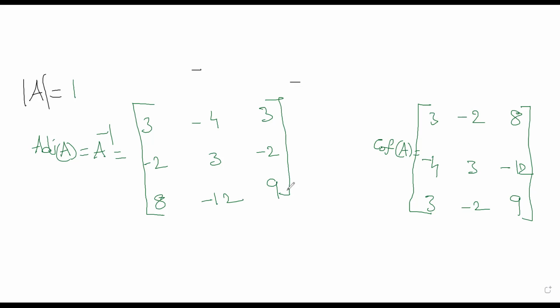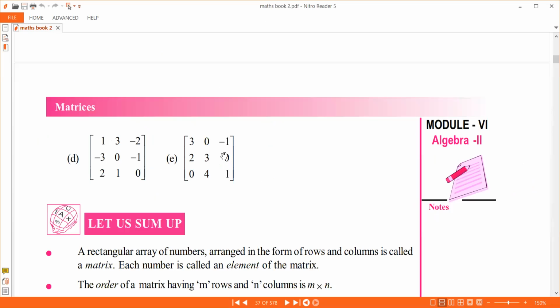And now I have one small exercise for you. What is the exercise? What is the matrix A we started with? Can you read out the starting matrix for which we found the inverse? That is 3, 0, minus 1.